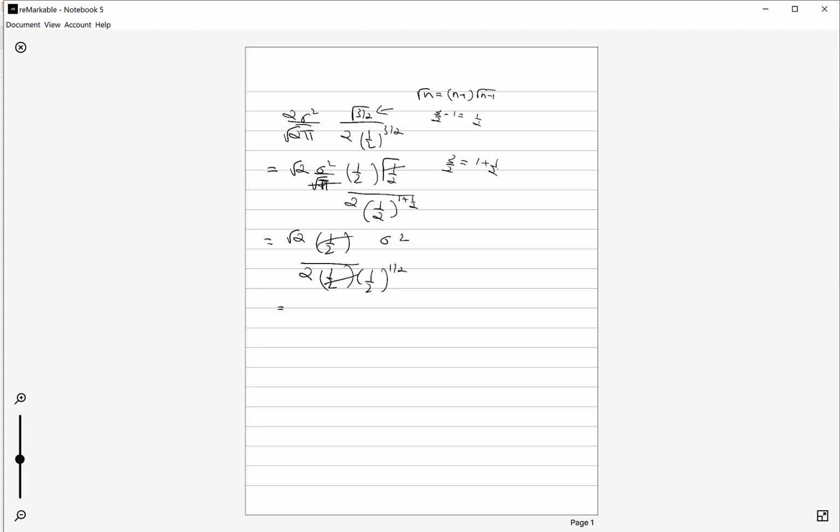What we have is 2 sigma square, 2 times 1 upon 2 raised to half, which is square root of 2, square root of 2 sigma square. This will cancel out to give square root of 2 here, and this cancels out to give sigma square. There are different ways to simplify this, but I just wanted to walk you through the details of this.